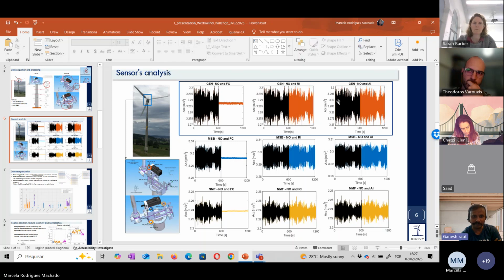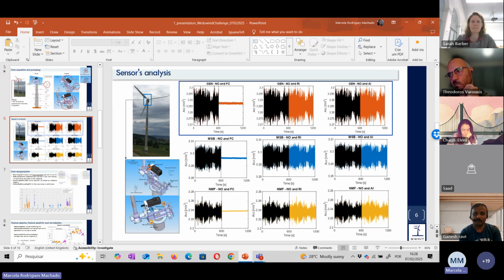Is my understanding correct? Yeah. We understand that we should cover more sensors, but given the time we had, this is the next step. That's how we decided to perform the analysis.